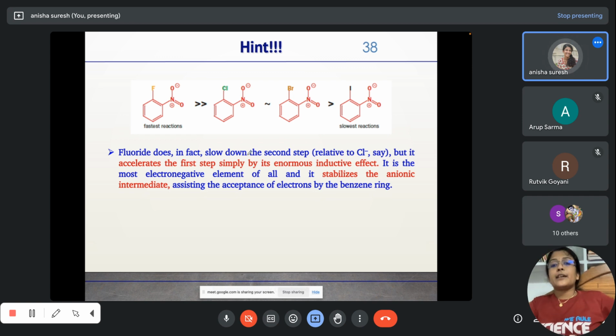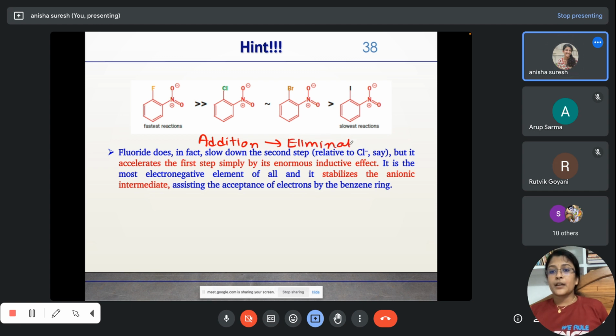So, this is taking place in two steps, right? First, addition will be taking place, leading to formation of an intermediate, and then elimination will be taking place. So, here the rate determining step is the addition step.